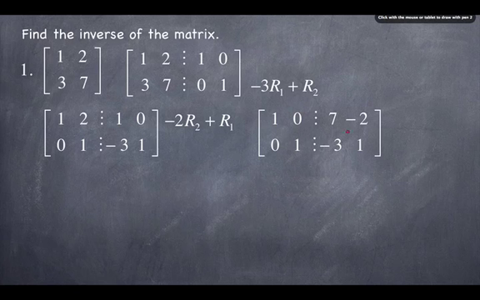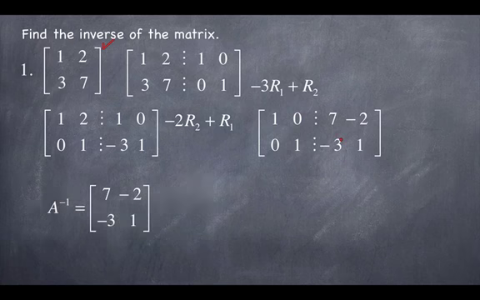And at this point, I know what the inverse of this matrix is, which is going to be this. So let me write it the following way. If we call this matrix A, the inverse is represented by A to the -1 power, and this is your matrix, the inverse matrix.